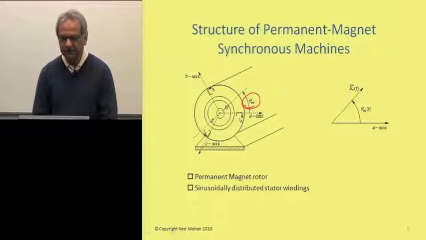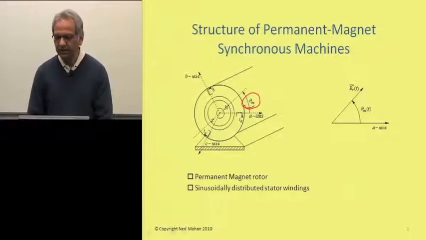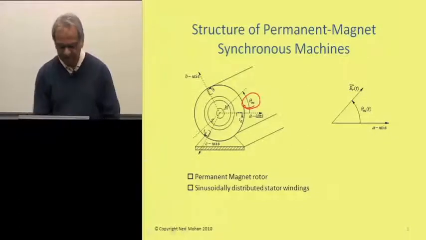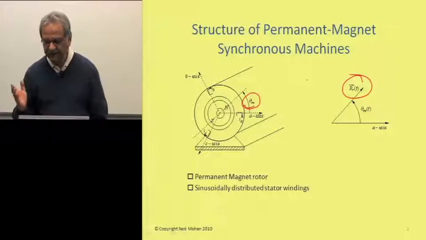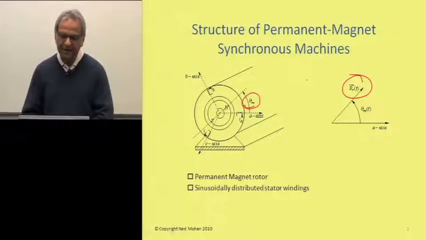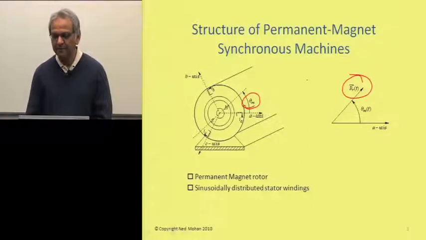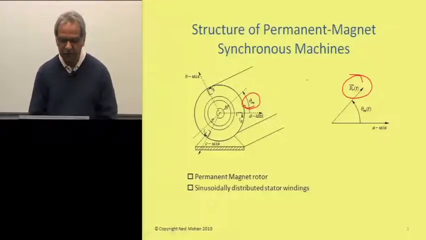So we can represent that flux density distribution by a space vector, B sub r, as shown over here. Of course, its amplitude remains constant, but its orientation, this theta sub m, would change as this rotor rotates.